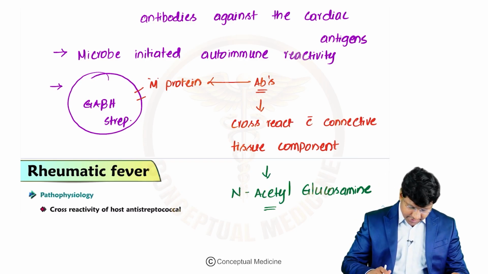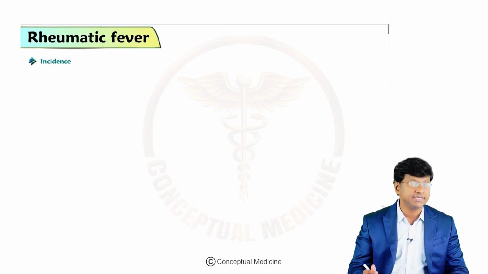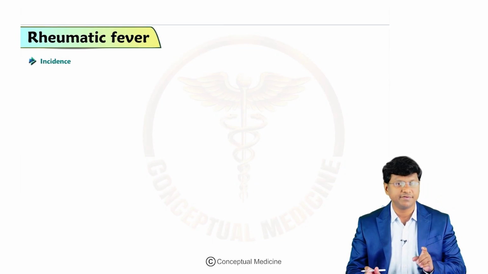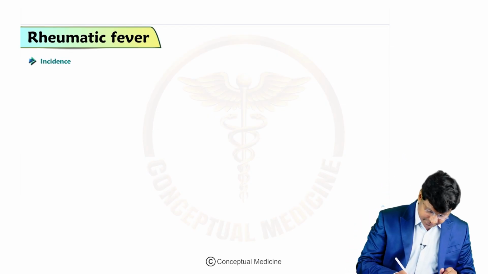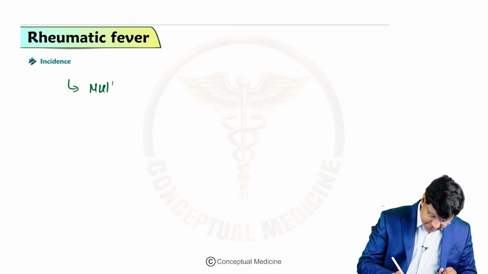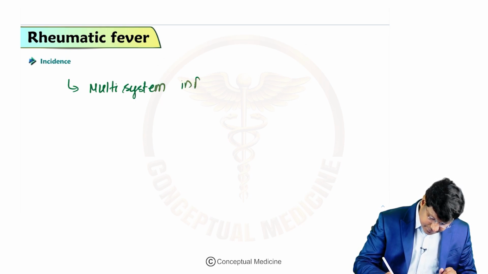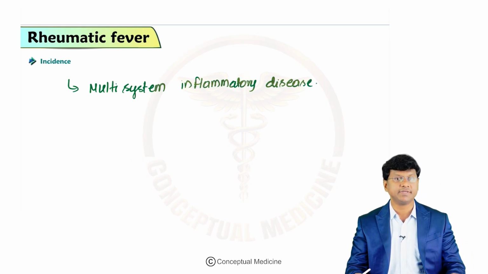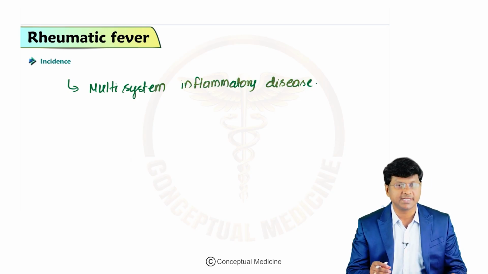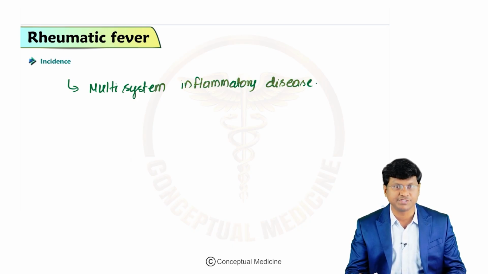Regarding the incidence, rheumatic fever is an acute immunologically mediated multi-system inflammatory disorder. Please remember this. It occurs a few weeks after an episode of group A streptococcal pharyngitis.